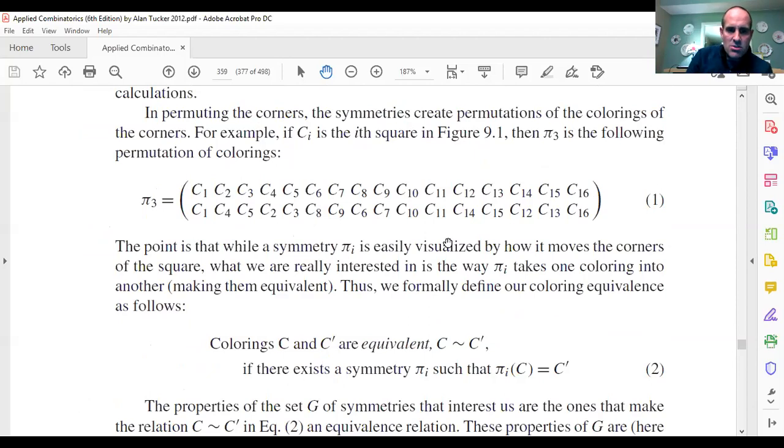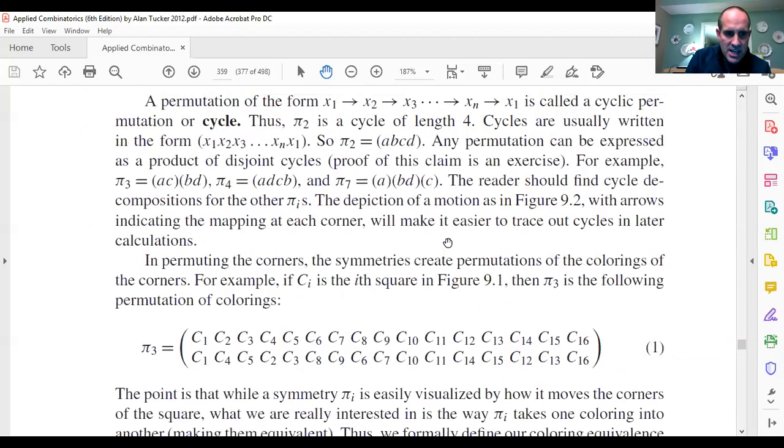Now, the reason I don't like the fact that they are identifying pi 3 with this is that this isn't even a permutation of the same number of things. There's 16 things right here. This is the permutation. It's a permutation of 4 elements, not 16.